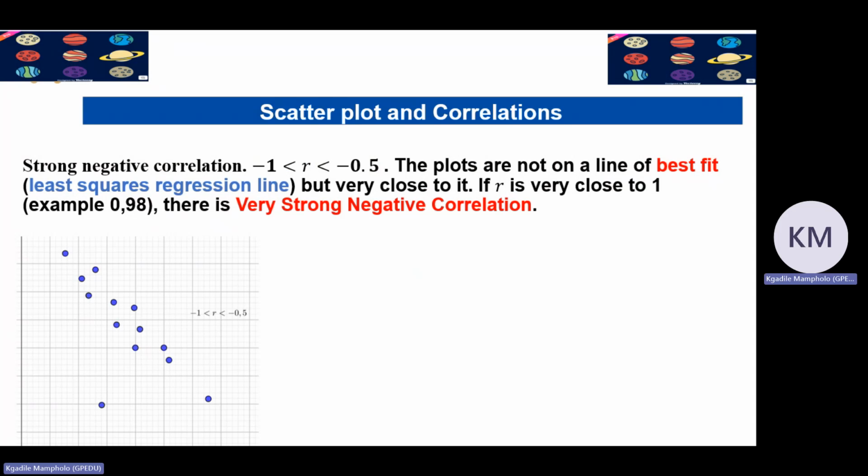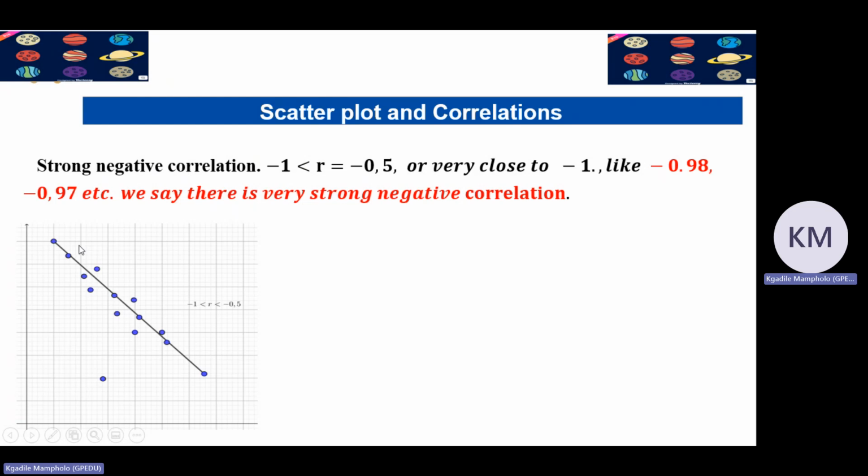Like here, you see that the plots are close except one. So there's still a strong relation. We will consider this one as an outlier, but most of them are close to each other. If one asks what is the strength of the correlation, if you draw the line, you see that most of them are close to the line except this one.